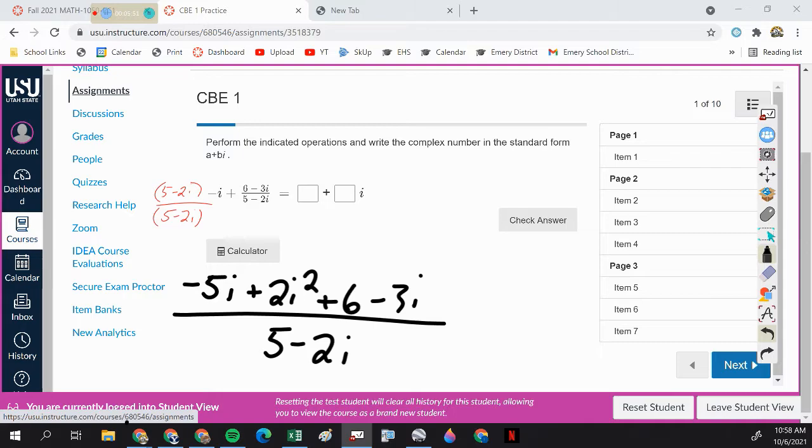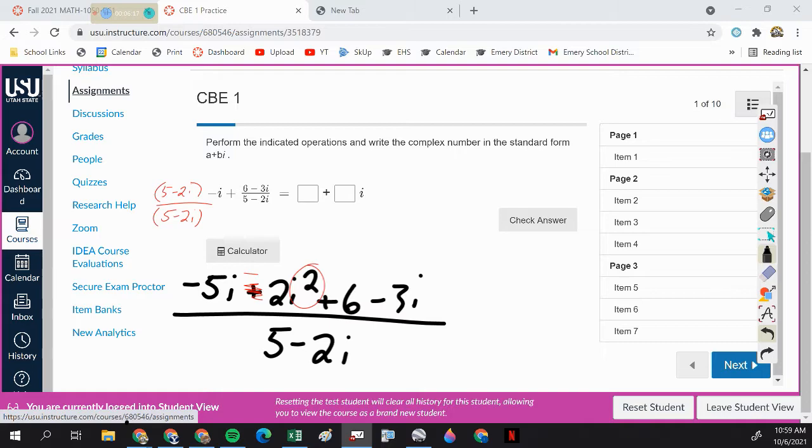Any questions there? So i's can always be simplified down to either a negative or a number or i to the first. So anytime you have an i with an exponent bigger than 1, you can always simplify it down using that pattern that we just reviewed. So this is really negative 1, which turns this into negative 2.